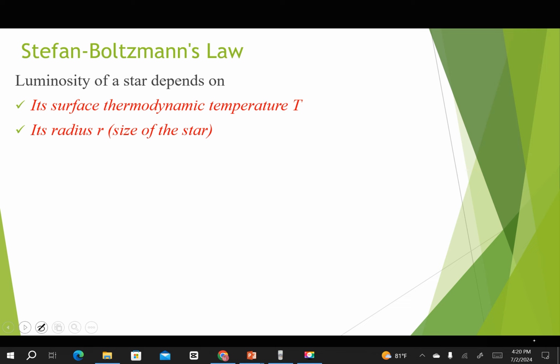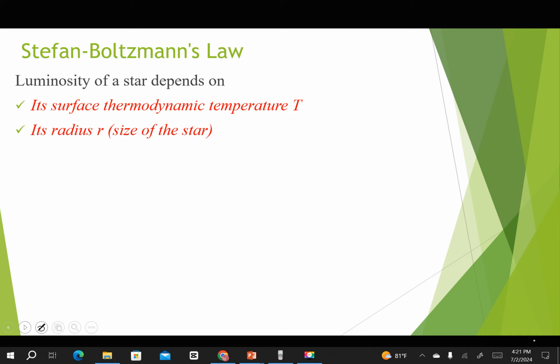Stefan was so much interested in the relationship between the temperature and the luminosity of the star. These were Austrian physicists. I think Stefan was called Joseph Stefan, and the other one, Boltzmann, was called Ludwig.